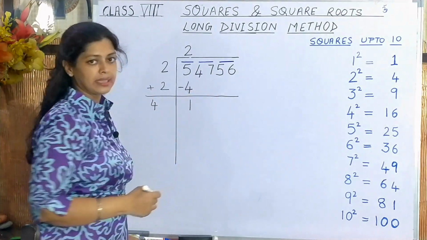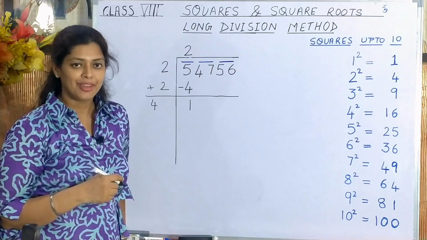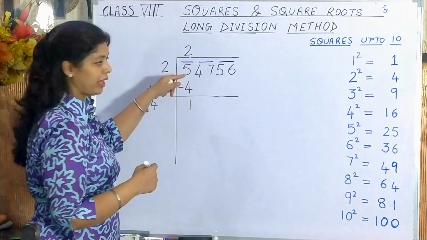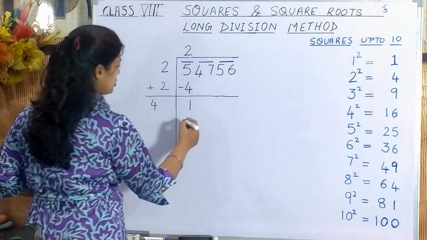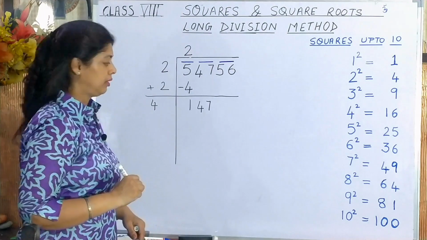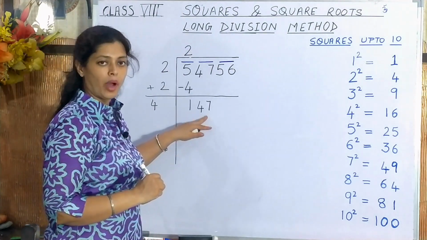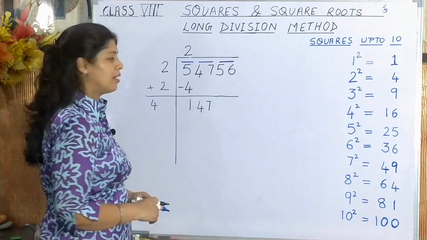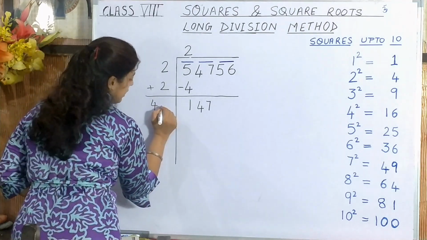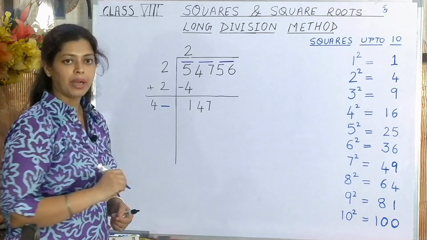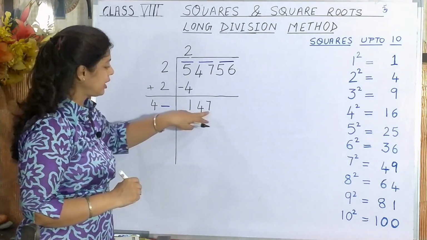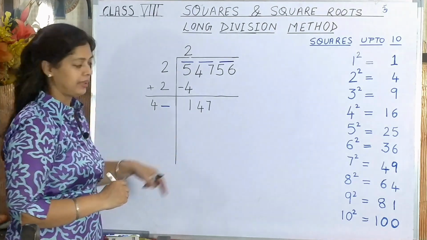I bring down the next number. In case of normal division, we just bring down one number. But in this case, we bring down the number in pairs. So the next pair is 47. I bring down 47. And the number in focus is 147. Now, the next step is to find, along with 4, a single digit number, which when multiplied by the same single digit number will give the value as 147 or less than that.